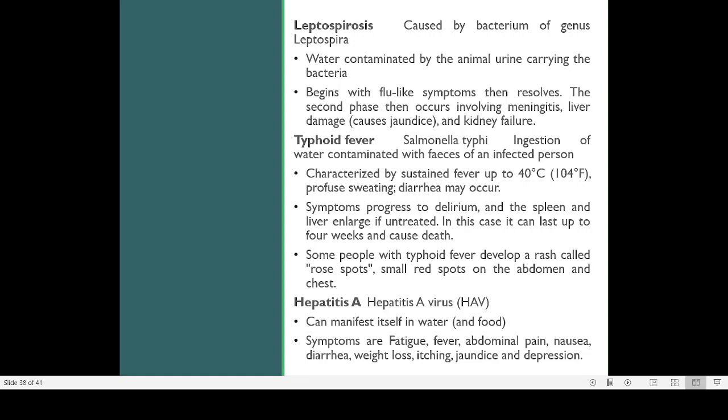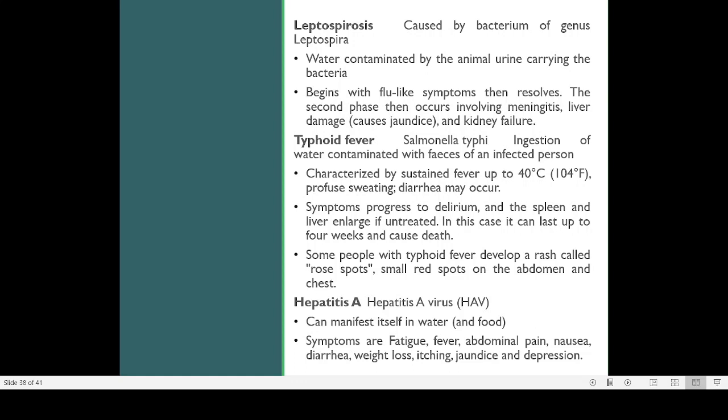So there is meningitis. Another complication is that the Leptospira bacteria can attack your liver cells and damage your liver, which causes jaundice. The liver is unable to function, and there will be jaundice: yellow colored skin, yellow colored eyes, yellow colored urine, yellow colored feces.